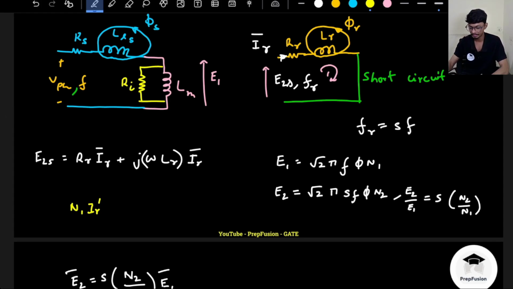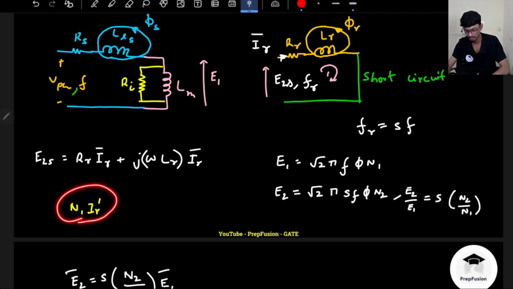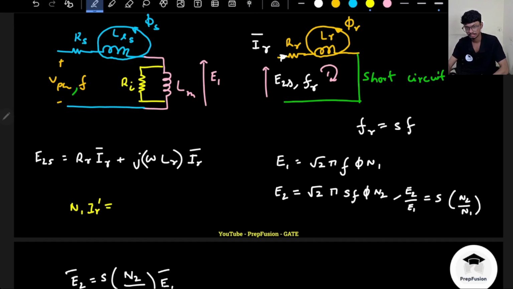To cancel out that MMF, I am writing N1 into IR dash. This IR dash is just the referred current from the rotor to the stator side. Same equation as we used for transformers. So N1 into IR dash will be equal to N2 into IR. From here I can get the next relationship, that IR bar is equal to N1 divided by N2 into IR dash.